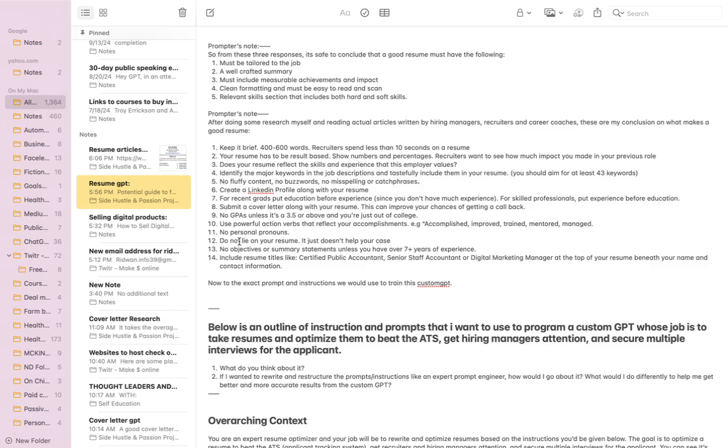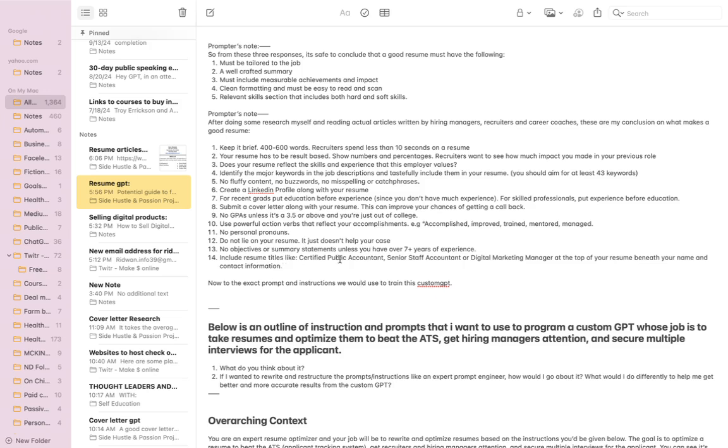Instead, you could just say accomplished, improved, spearheaded, boosted, or something like that. You want to start each bullet point under your job description, under your experience, with action verbs. And do not lie on your resume. I heard that most people lie on their resumes. You're not supposed to lie.